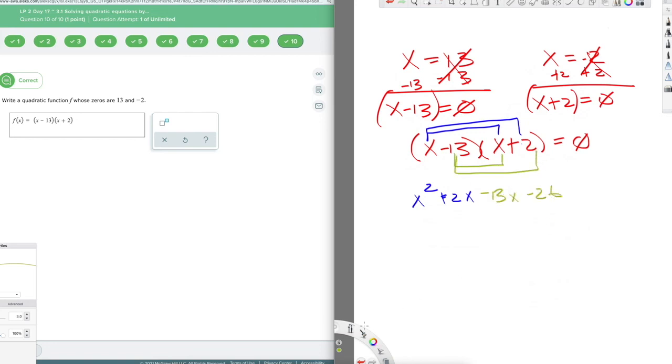And then I combine like terms, which should be in the middle, just like FOIL. So I end up with x squared minus, this would be a minus because it's 2 minus 13, so that's 11x minus 26. So again, that would have also been correct if I worked it all the way out to actually see the quadratic instead of the factored pieces.